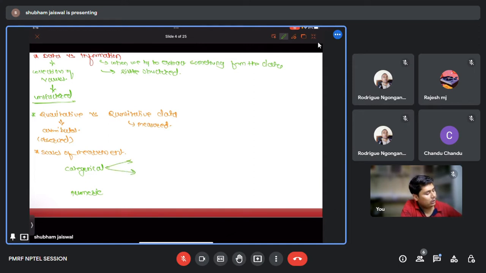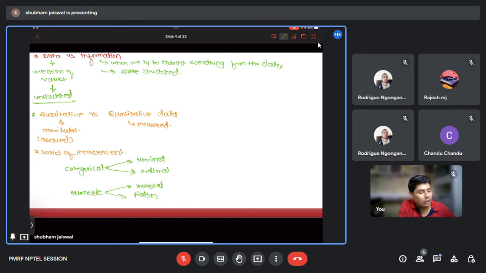One is the nominal and the second one is the ordinal. As the name suggests, nominal, name, means we are talking about names of persons or like that, and in ordinal we are talking about the order. Okay. In numeric we have interval or ratio.